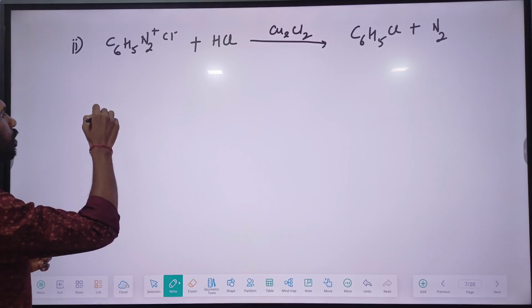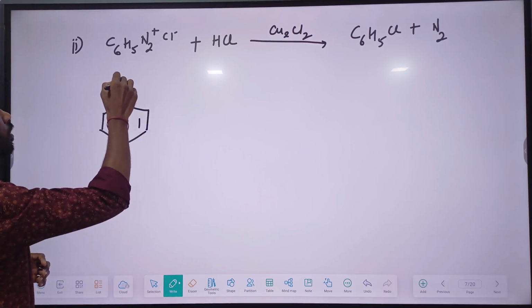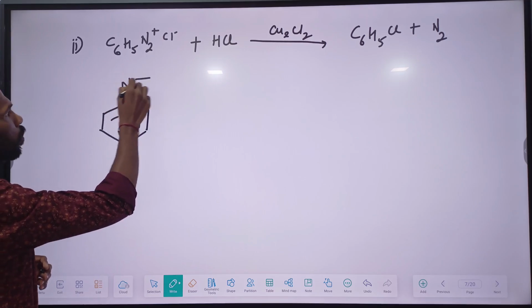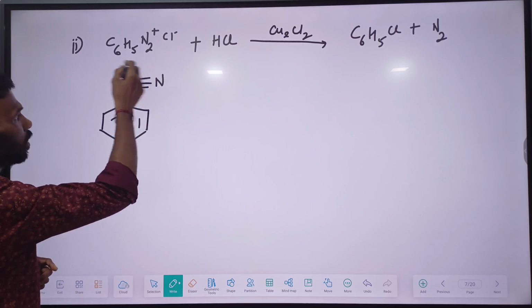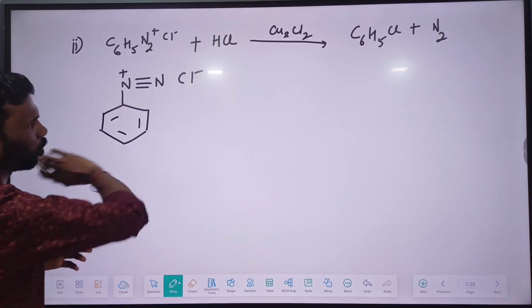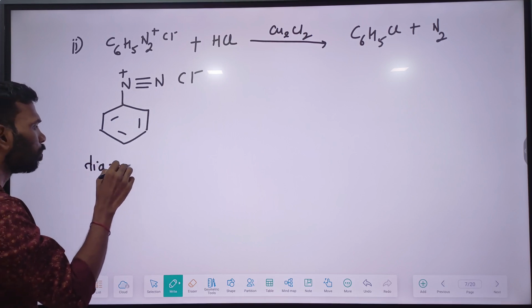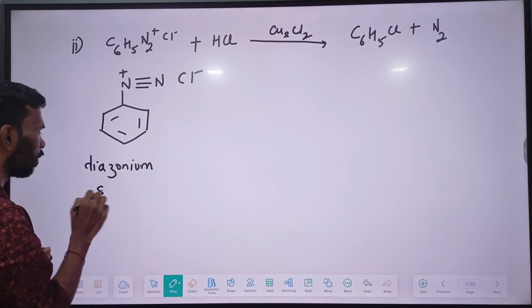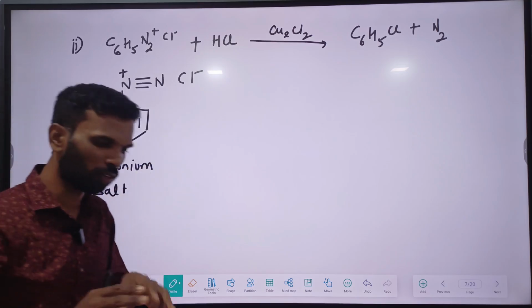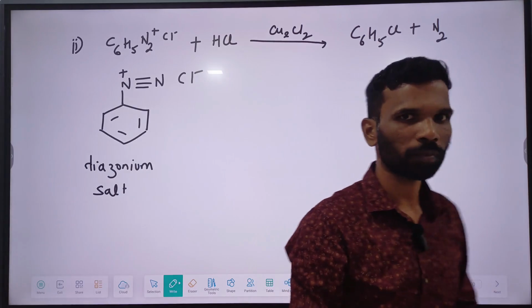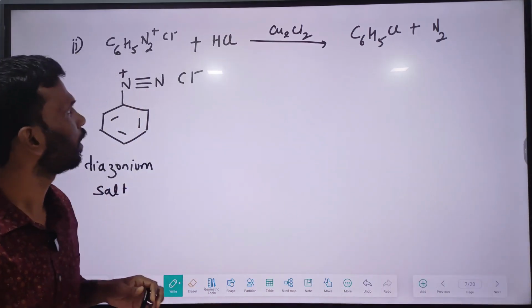Many times what happens is you know the reaction, you know this, right? In C6H5N2, nitrogen is triple bonded, that's why there is a positive charge, and the counter ion is Cl-. This is a diazonium salt, formed from a combination of the base, that is primary aromatic amine, and nitrous acid, right?